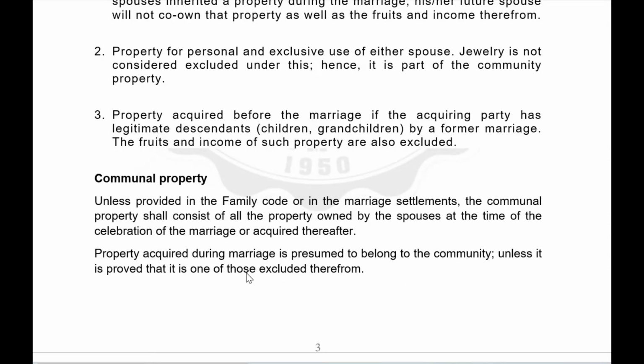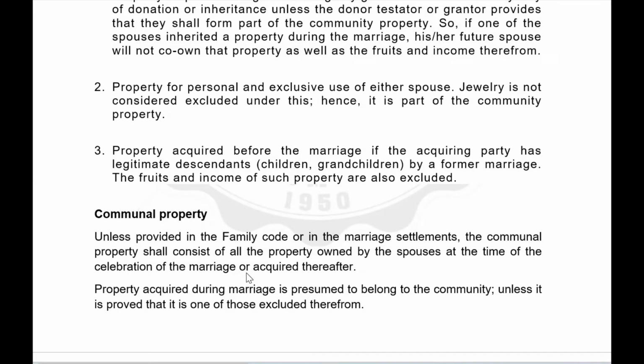Next, yun yung communal property or part of the community property. Unless provided in the Family Code or in the marriage settlements, the communal property shall consist of all the property owned by the spouses at the time of the celebration of the marriage or acquired thereafter. So, property acquired during marriage is presumed to belong to the community unless it's proved that it's one of those excluded therefrom.